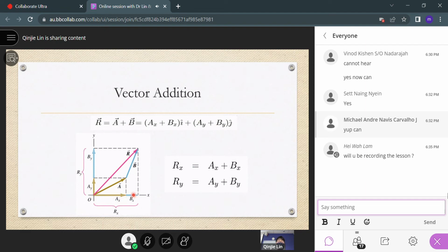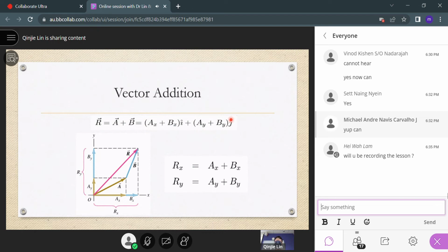And because they point in the same direction, you can add them up mathematically. So in the X direction, A plus B will be AX plus BX, and then you put an i behind to signify this points in the X direction. Same thing for the Y direction: you add AY and BY together, then you put a j at the back. This tells us that this term is for the Y direction.